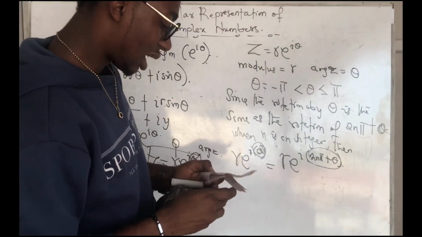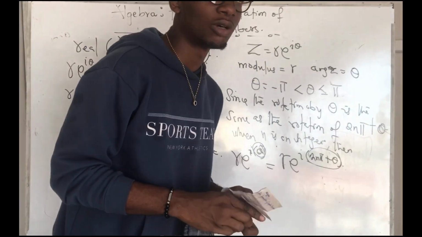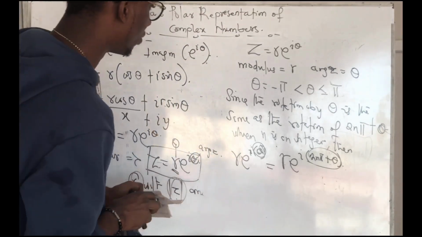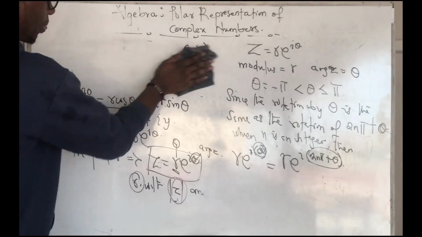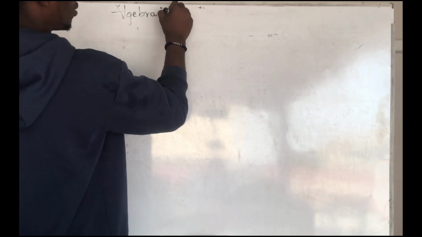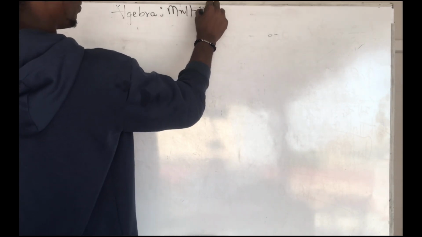Alright, so now let's look at how you can multiply complex numbers in the polar form and how you can divide complex numbers in the polar form.